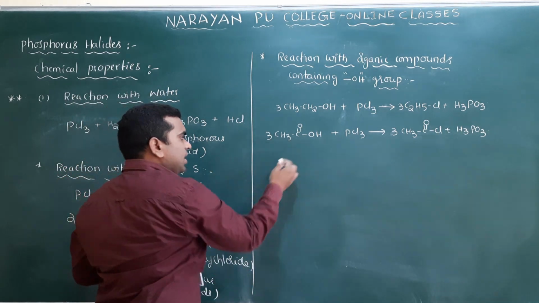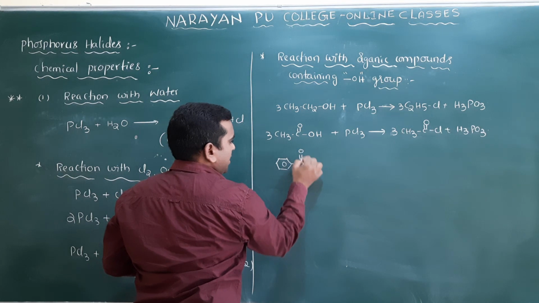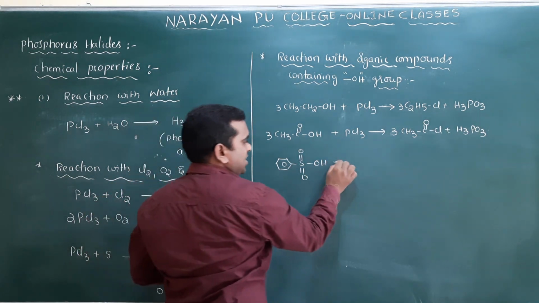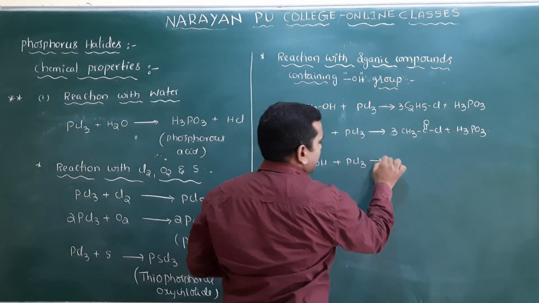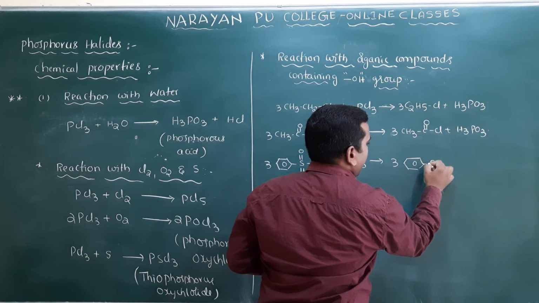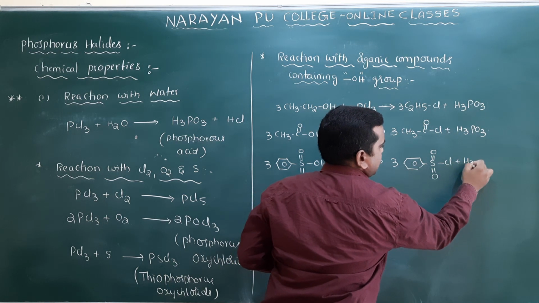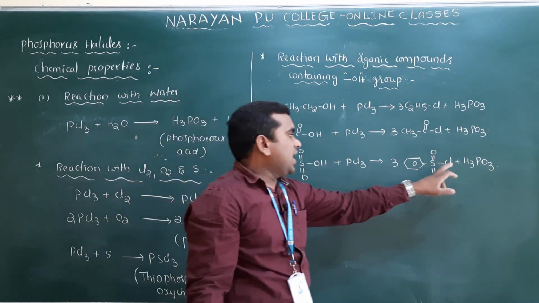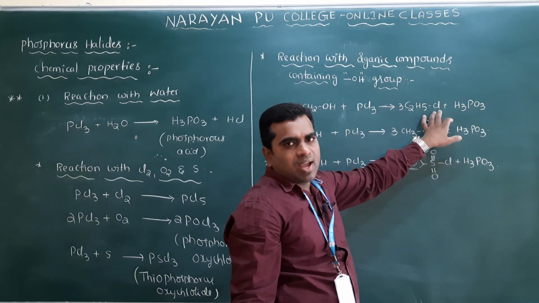In the same way, take benzene sulfonic acid and treat it with 3 moles of PCl3, and you will get benzene sulfonyl chloride, the Hinsberg reagent, which we will discuss. See, in all cases the OH group is converted into a halogen group.